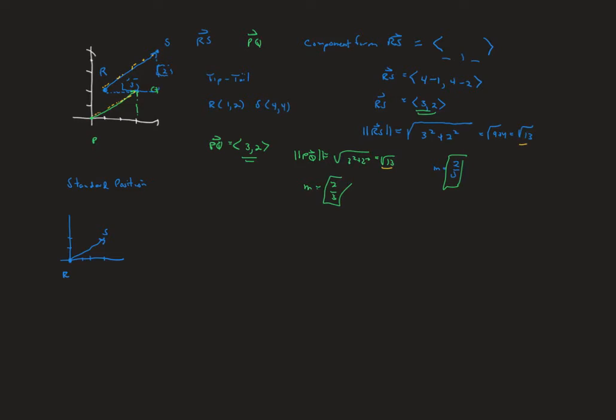Okay, so let me get a new panel up here. We also have an idea of what's called a unit vector. A unit vector is a vector of length 1. So it's 1 unit long.